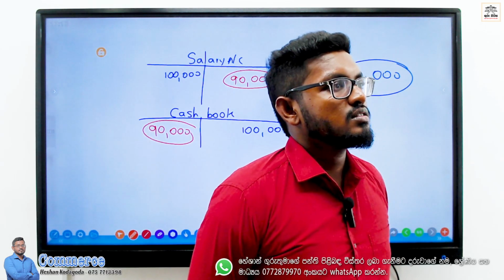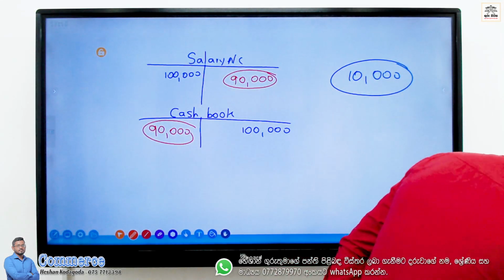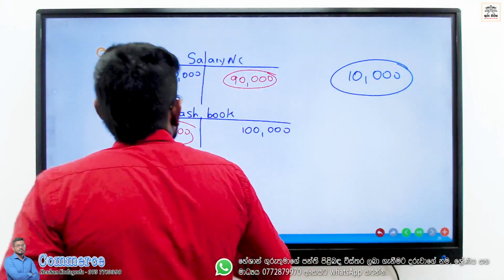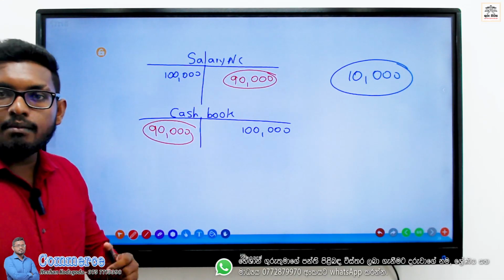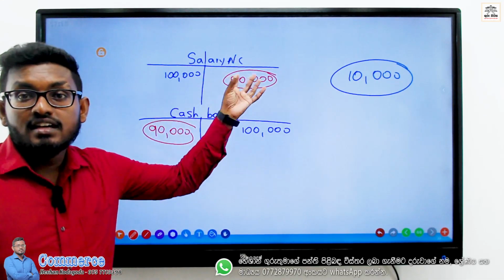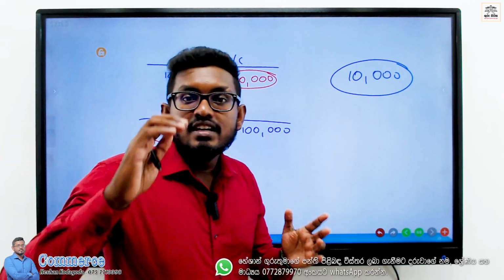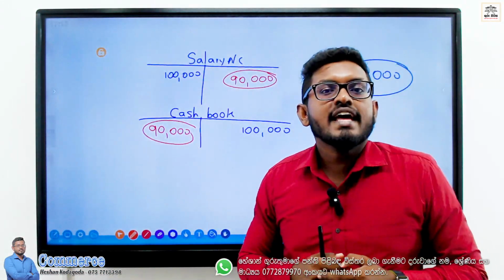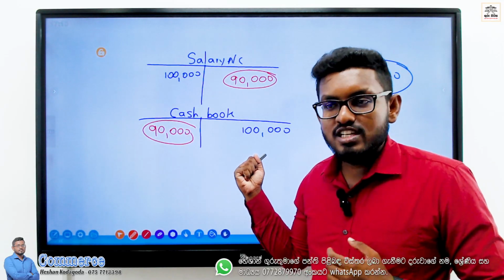Turn on the videos, okay. Next, this is the correction entry: the same amount debit and the same amount credit, so different values cannot appear. We call it an error correction entry. When we balance it, 10,000 remains in the cash book.